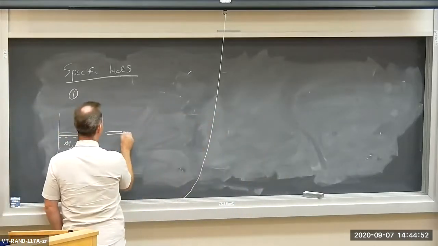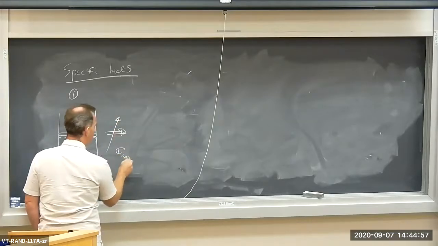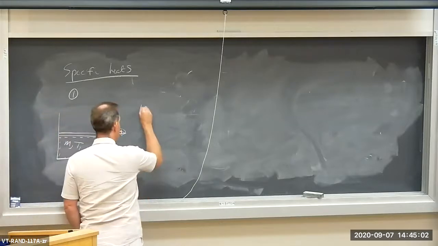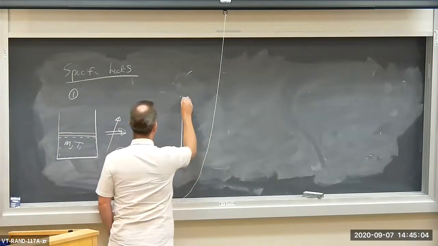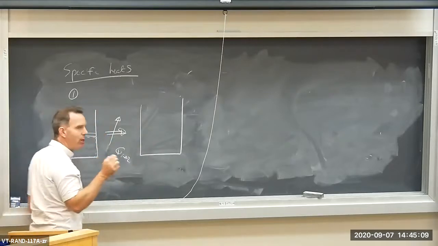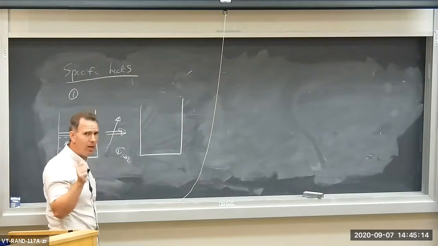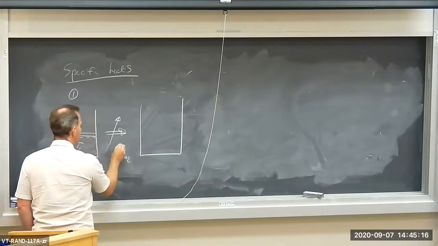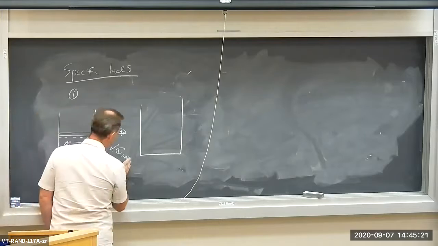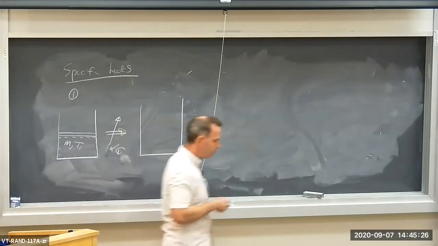And now I'm going to add heat, Q 1 to 2. In fact, I'm going to add a very small amount of heat, a differential amount of heat, del Q. I'm going to get rid of this 1 to 2 and just leave del Q, for notation purposes.